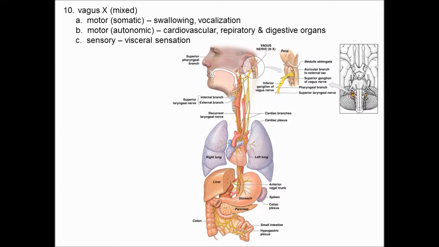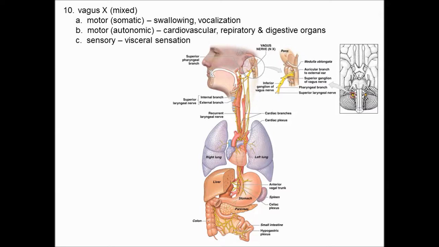There's all kinds of autonomic control of the cardiovascular system, both the strength of contraction and heart rate, respiratory function through the innervation of the diaphragm, and all types of innervation of the gastric system, from motility through digestion, through release of hormones and all kinds of things we'll talk about. So tremendous amount of autonomic nervous system of the viscera, and you can see branches going all the way down into the pelvis.